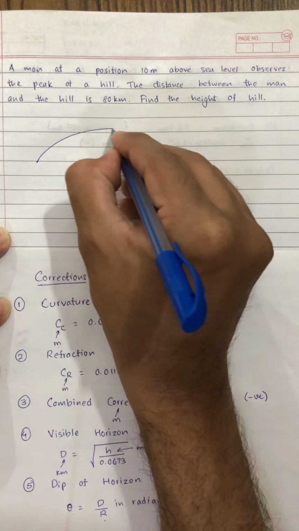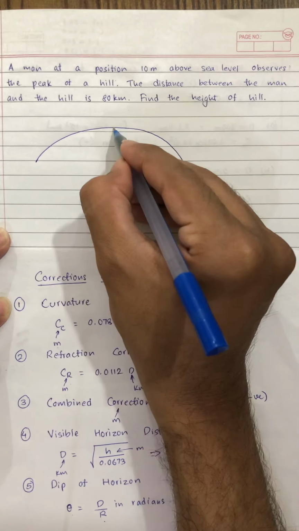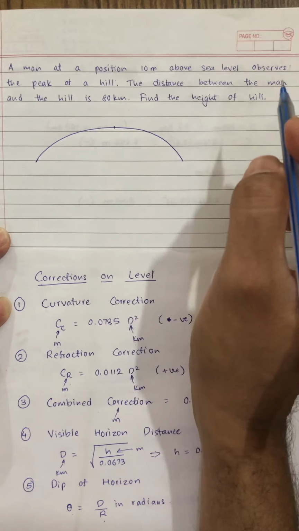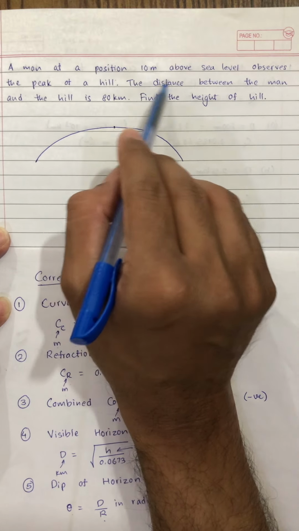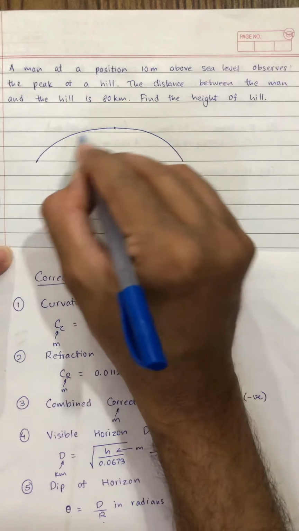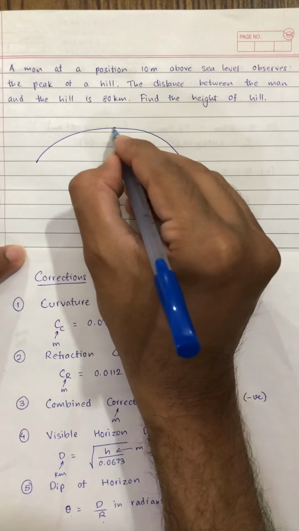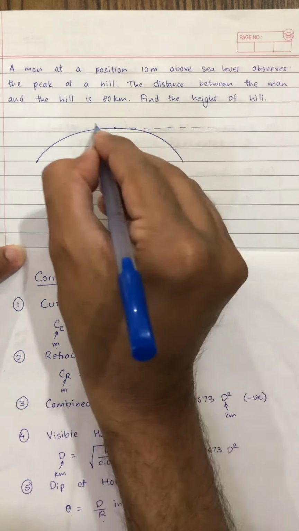Suppose this is the curvature of the earth, and this is the highest point. It is saying that a man is at a position 10 meter above sea level. So suppose this is the sea level. We'll mark a straight line like this.